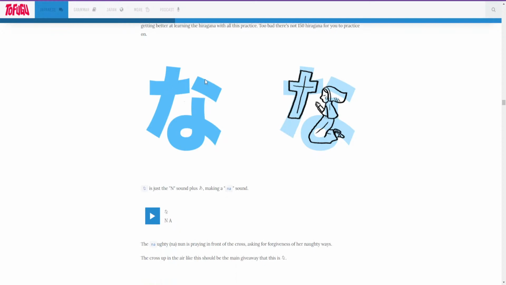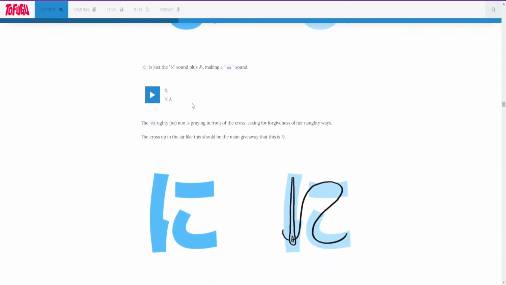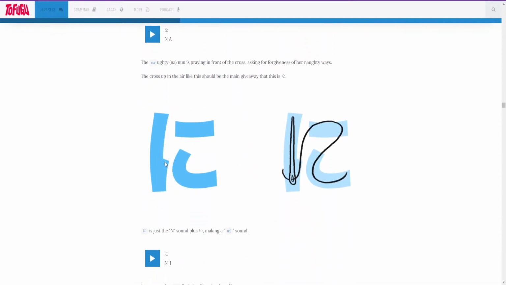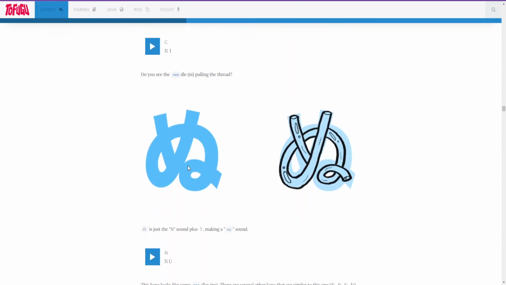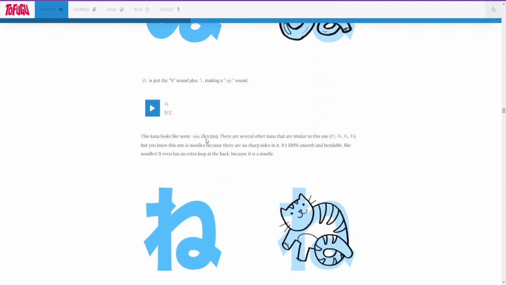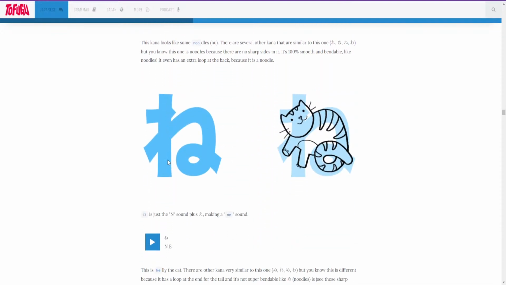So we have na, naughty nun. And then we have ni, like needle, pulling some thread. And then we have nu, like noodle, because it looks like a noodle. And then we have ne, like neko, because it looks like a cat. Easy.